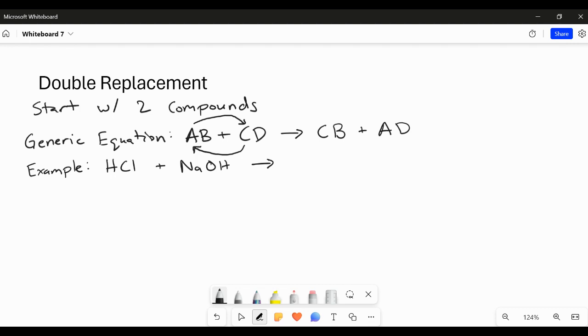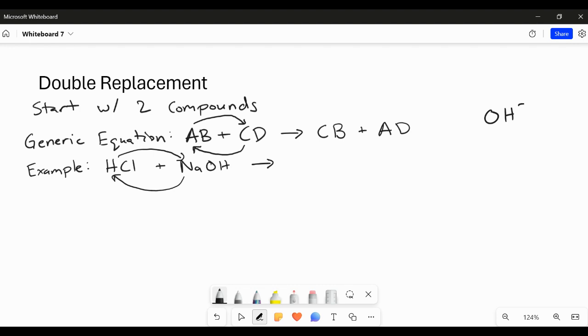Chlorine is negatively charged. And this OH right here is actually a polyatomic ion. Remember, polyatomic ions are elements that are covalently bonded that act as one piece. In this case, hydroxide, OH, has a -1 charge. So hydrogen is going to swap into sodium's spot, and sodium is going to swap into hydrogen's spot.